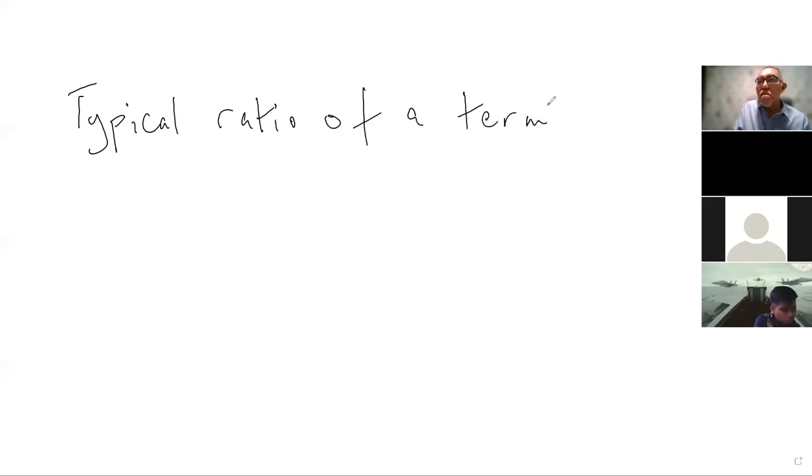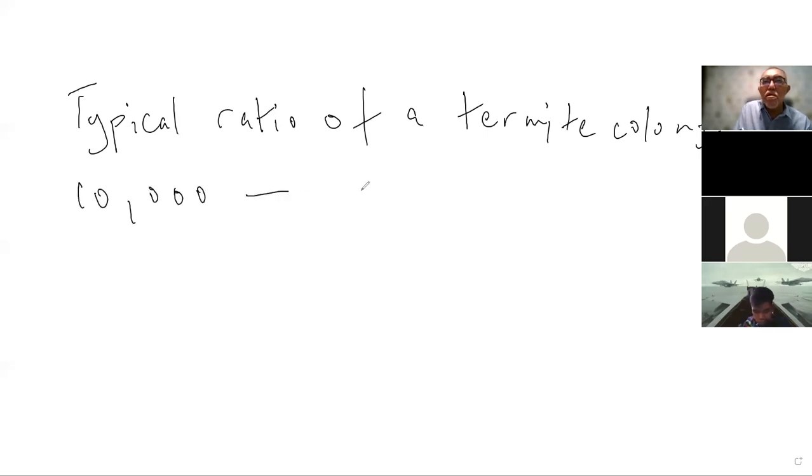Okay, now the ratio, this is the typical ratio of a termite colony. Yeah. So a colony may range from anywhere from 10,000 to millions of termites.